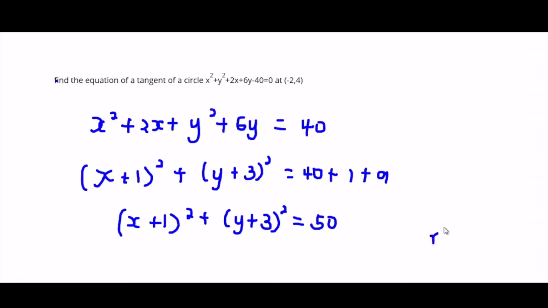So our r squared will be equal to 50, and these points here are the values of the center. So our center will be (-1, -3), and we were given our point as (-2, 4).